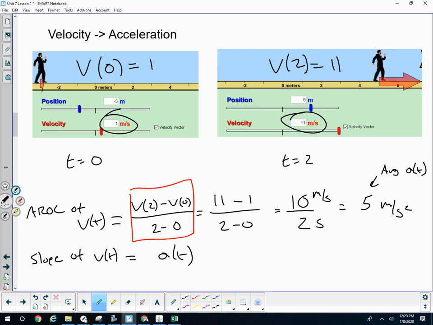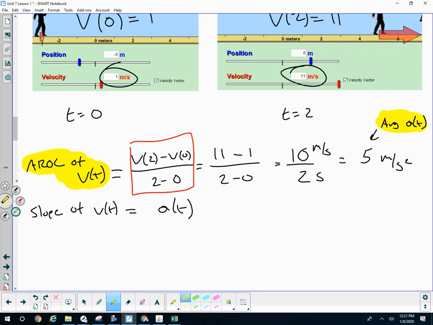Okay? If an average rate of change of V gives us an average A, what do you think would give me an exact A? An instantaneous rate of change. And I don't like to write it, but I should. Gives you exact.